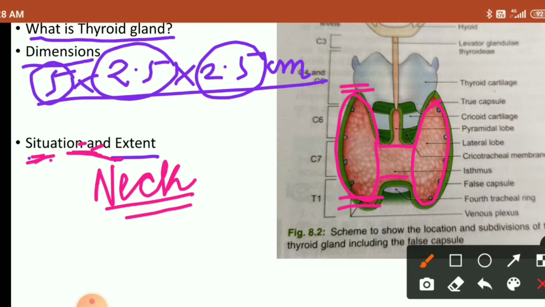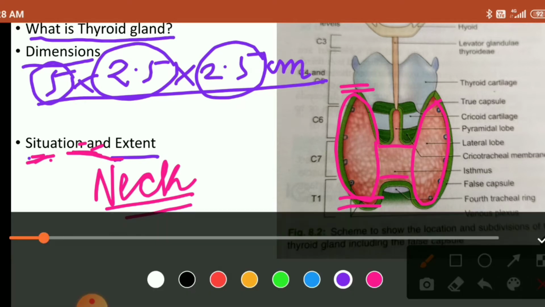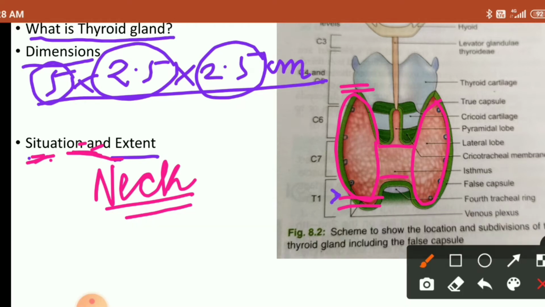We know that after the thyroid cartilage we are having the trachea, and the trachea is lined by a cartilaginous skeleton, in the form of incomplete cartilaginous rings. So approximately at this level you are having the 4th to 5th cartilaginous ring. Okay, this is in terms of the cartilaginous rings and the thyroid cartilage.